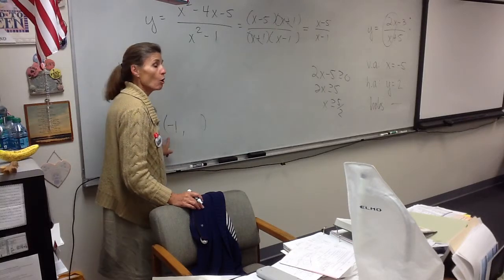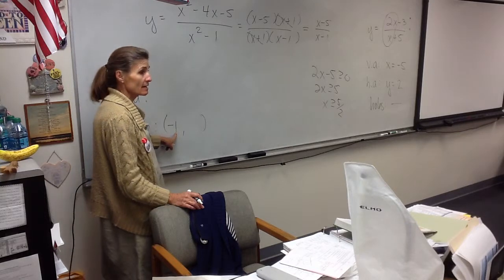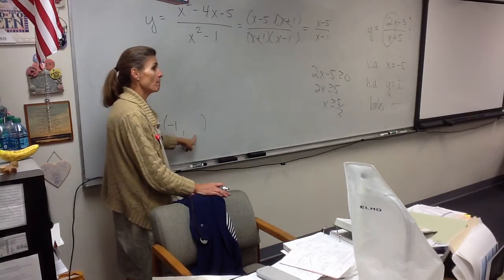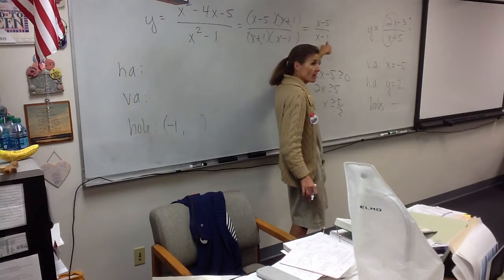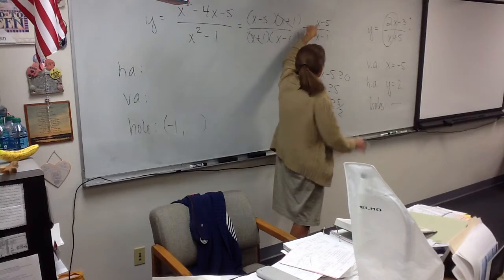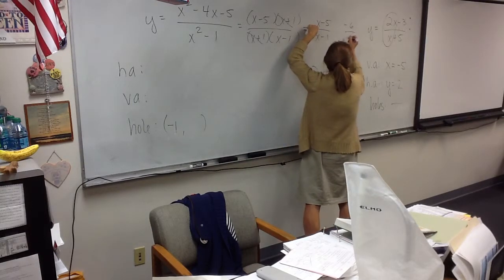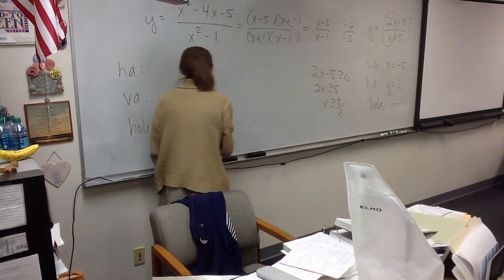Now notice that the hole is a point though. So I've got the x is -1 and I got that from what I canceled. Where do I get the y part? I'm going to put it right in here, right? So -1 minus 5 over -1 minus 1, which reduces to 3.